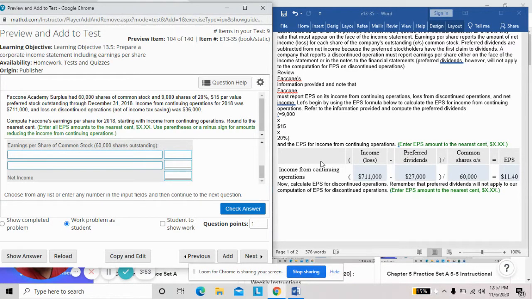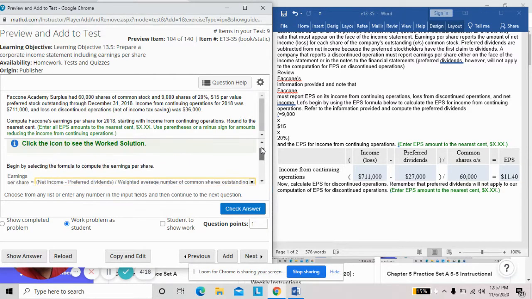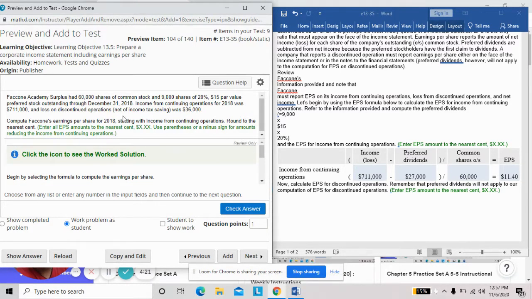To find this part, I took the $711,000 that's listed, income from continuing operations. We subtract the preferred dividends, which we know is $27,000, divided by the 60,000 common shares outstanding. 60,000 is the number here.